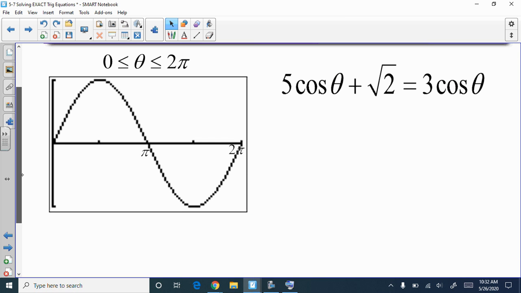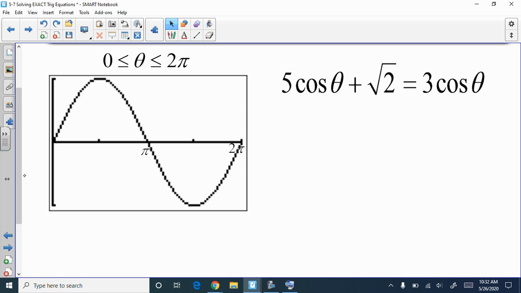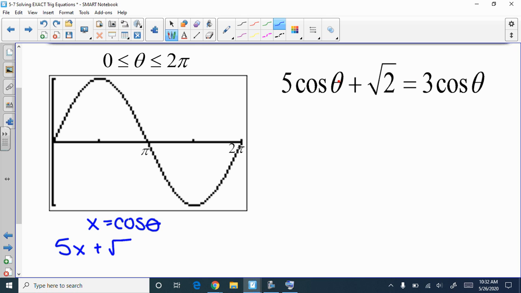And now we're going to start solving these trigonometric equations, okay? What you've got to think of is sine and cosine just like a variable. If we were to let x equal cosine theta, for example, I would have 5x plus the square root of 2 equals 3x.